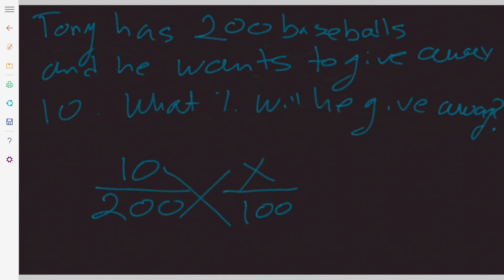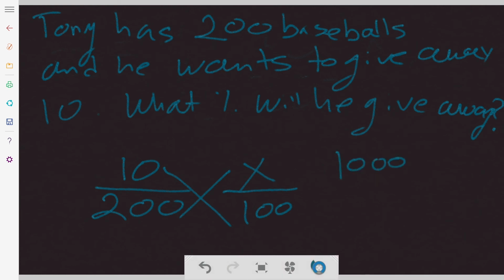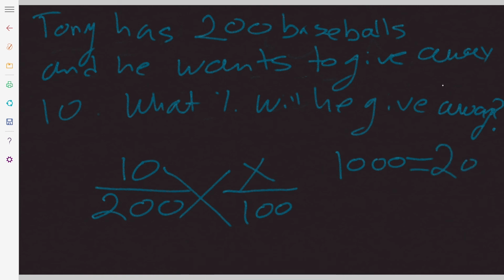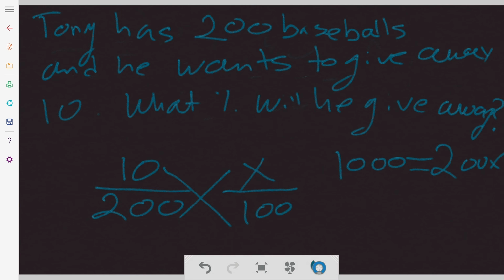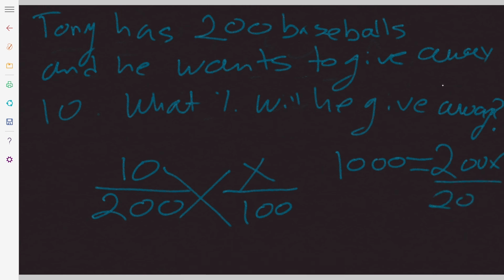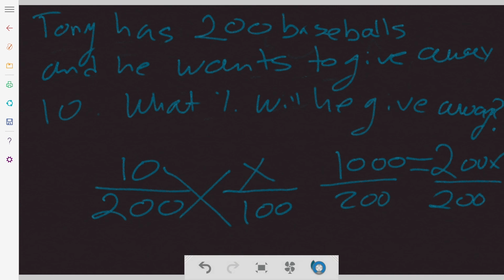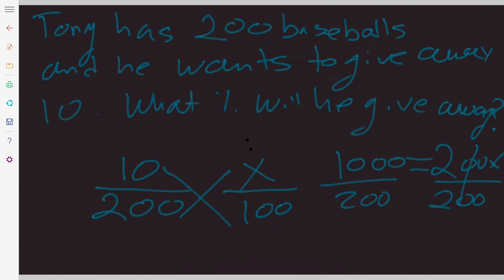So we're going to cross multiply this out, so it's going to be 10 times 100, so it's going to be 1,000, which equals 200 times X, which equals 200x. And then what you do is you divide this by 200 because you want to isolate that x. You cross it out, and then you're going to do 1,000 divided by 200, which equals 5.